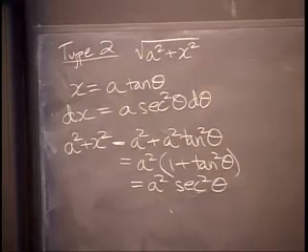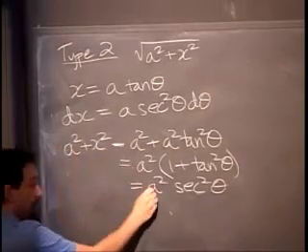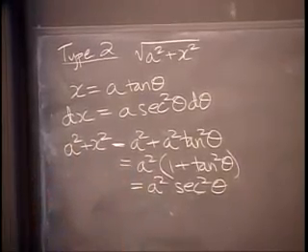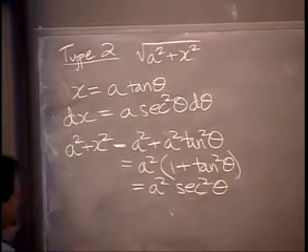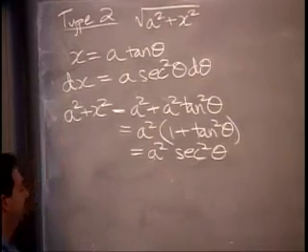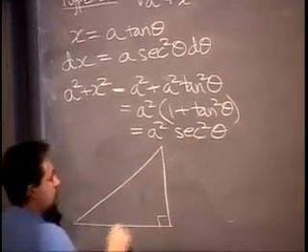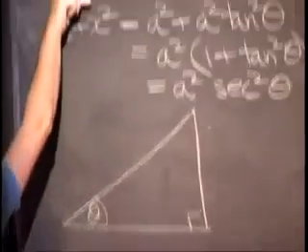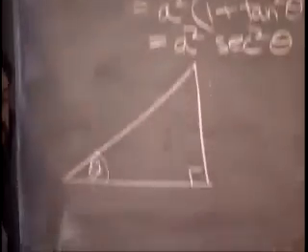So again, when we take the square root of this, which we will have to in our integral, it will just be a secant theta. Again, there should be an absolute value. It's not necessary. Just thinking ahead, we're going to need a triangle, but it looks a little bit different. This time, if you go back to the original equation, tan theta is x over a.